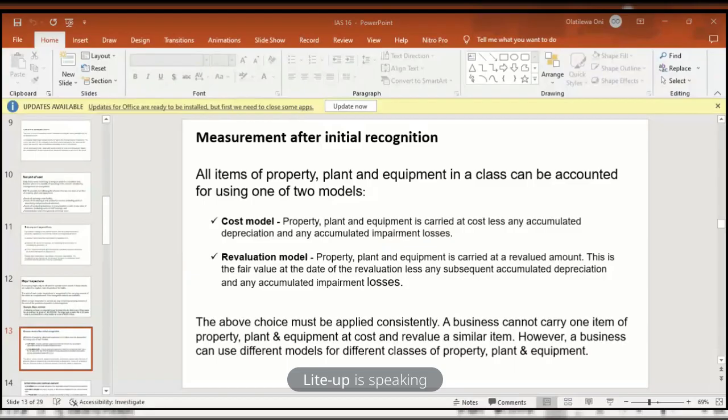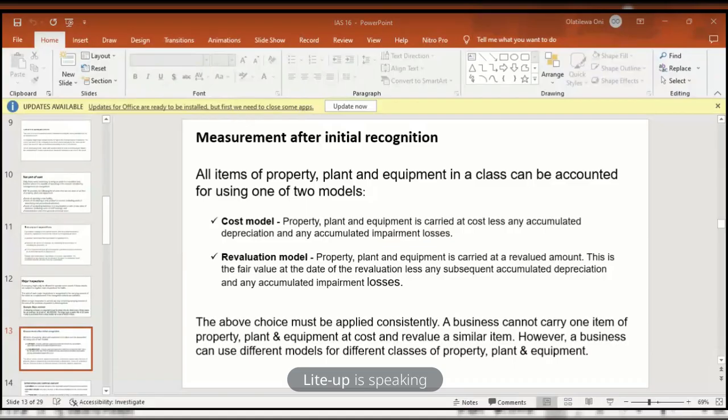And also there is a revaluation model, which is also used to measure PPE subsequently after initial recognition, after initial purchase. So the revaluation model also has its use, and there are ways we treat an item. Some of the examples we treat this morning will be based on the revaluation model.